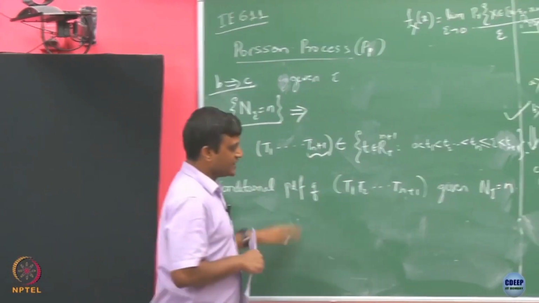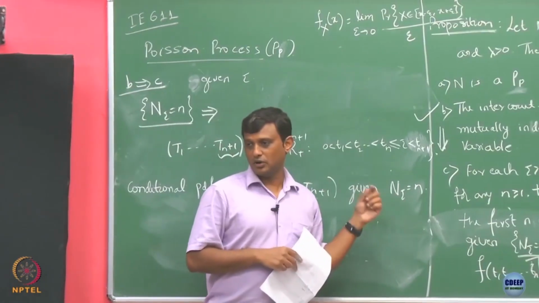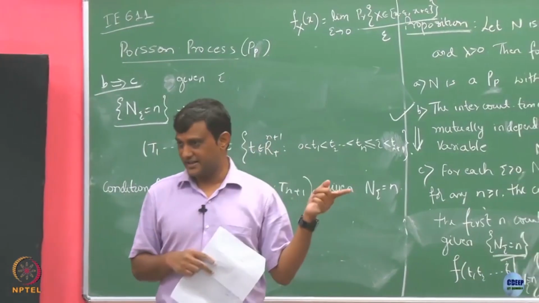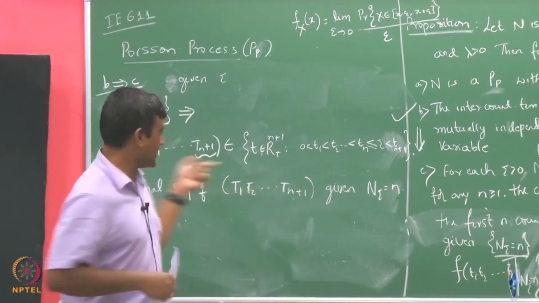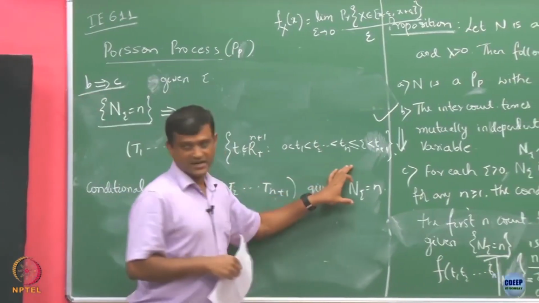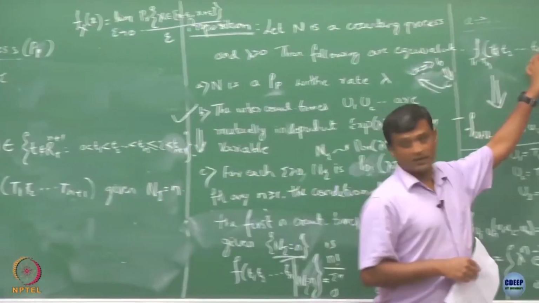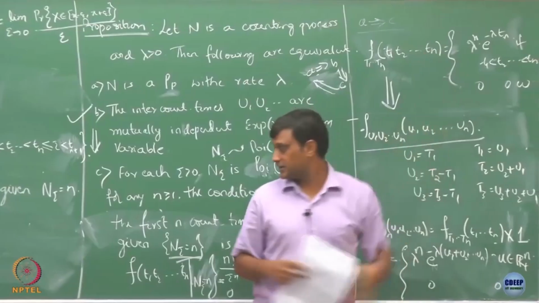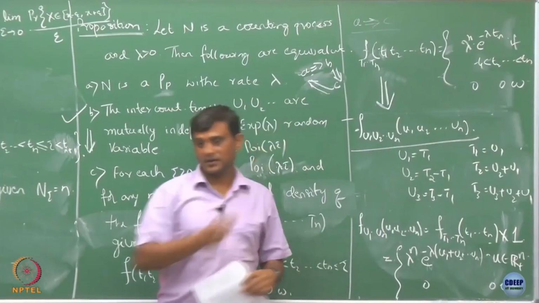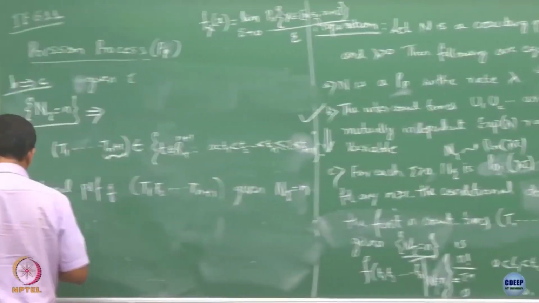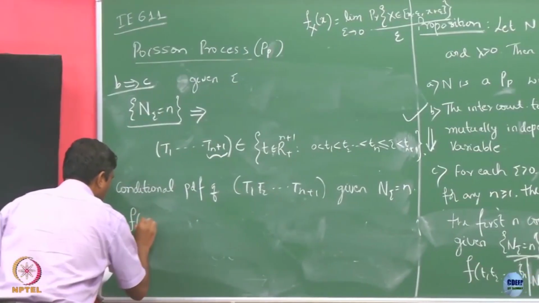What will this conditioning imply? Because of this conditioning, if you go back and recall our conditional density property, I will get an extra term which divides this PDF here. This probability is the one which divides over. So let me make that clear here.